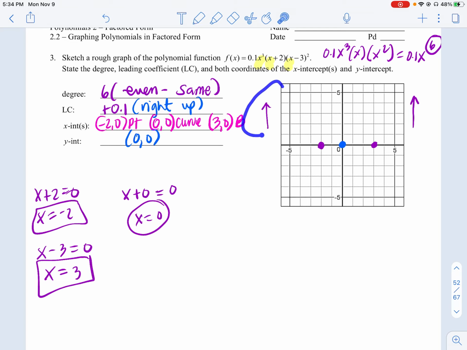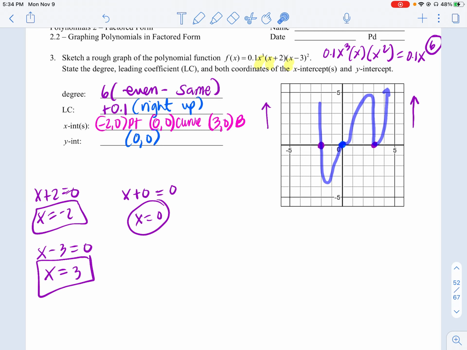We're starting up here. And every time I hit the graph, you have to make sure you remember what's going to happen. Here, this is negative 2. It just says pass through. So I'm just going to pass through that. No curve, no bouncing, just pass through. Once I hit this point, it says I will curve. And once I hit this point, it says I will bounce.